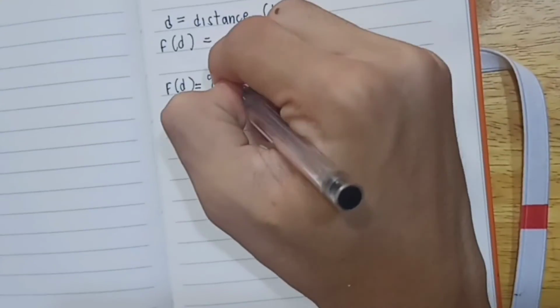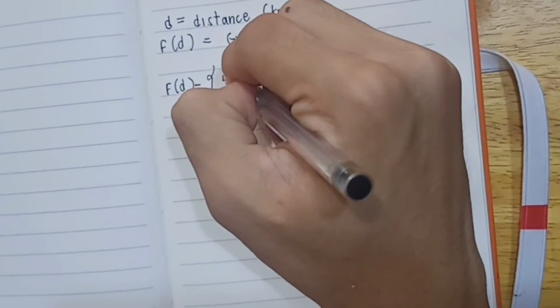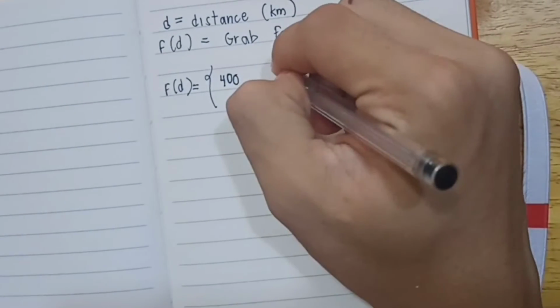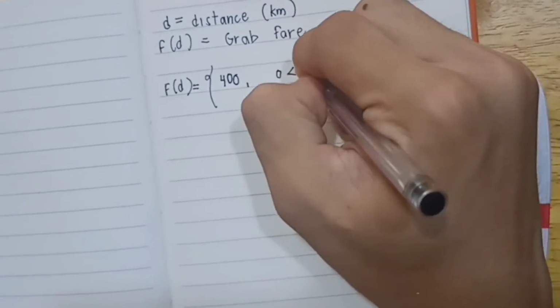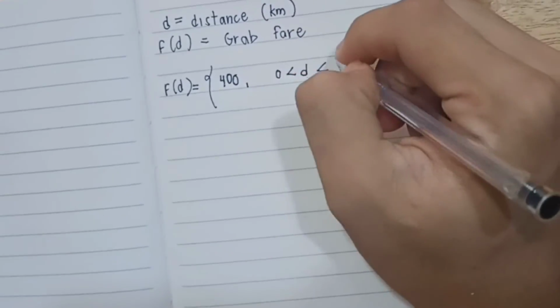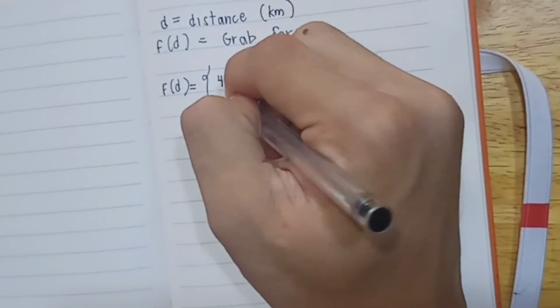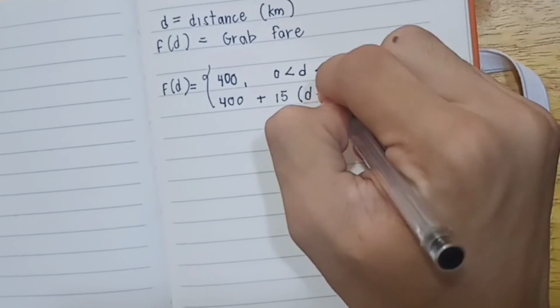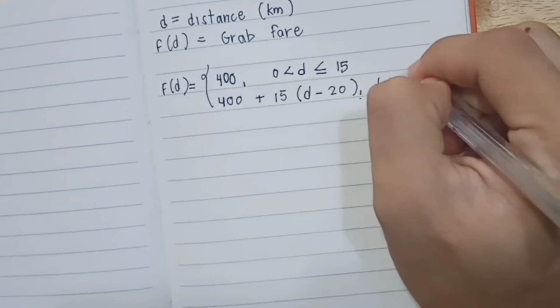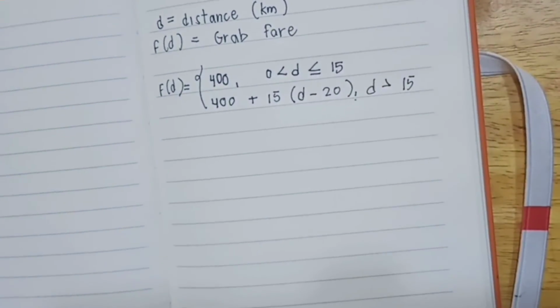Now, let us construct. For our first domain, 400 if D is greater than 0 but less than or equal to 20. Meanwhile, for our second domain, 400 plus 15 times the difference of D and 20 if D is greater than 20.